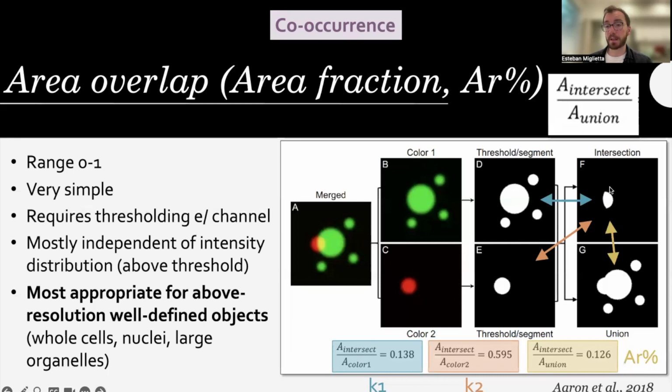And area fraction, finally, is the intersection over the union. You can see here that we don't care what the intensity of the signals is, just as long as they are above threshold. All we care about is what areas are occupied by each.